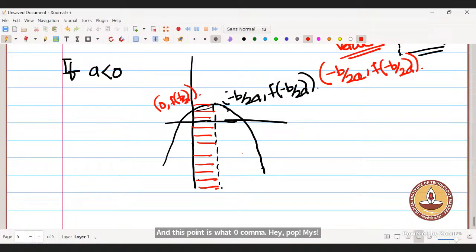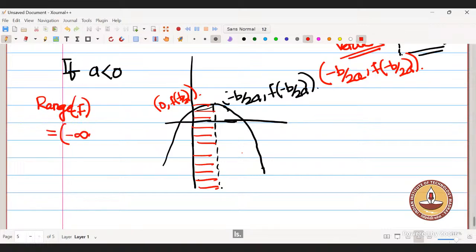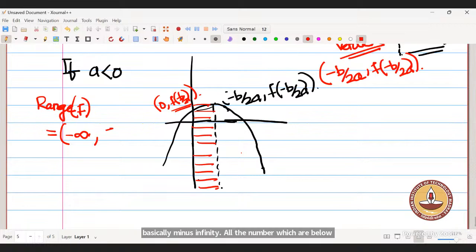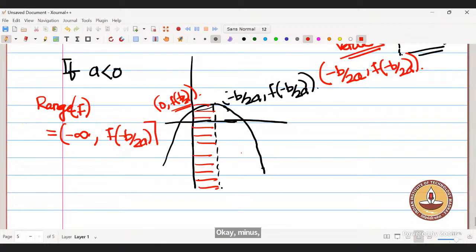So if a is negative, then the range of f is basically minus infinity, all the numbers which are below this point, minus infinity to f of minus b by 2a. Okay. So this is the range, right?